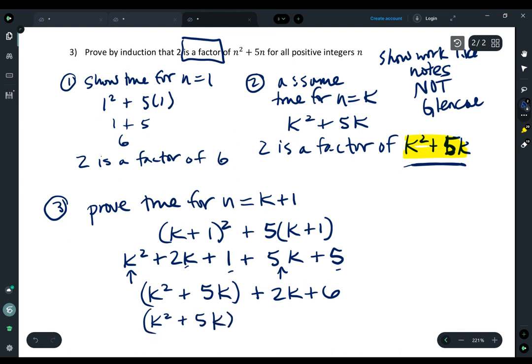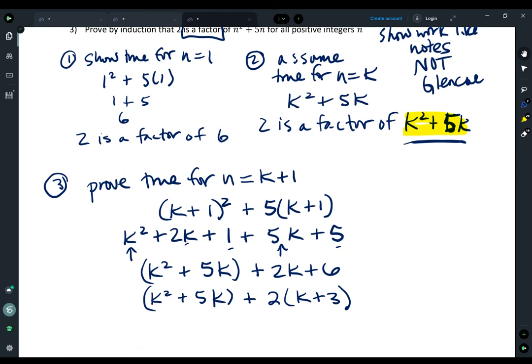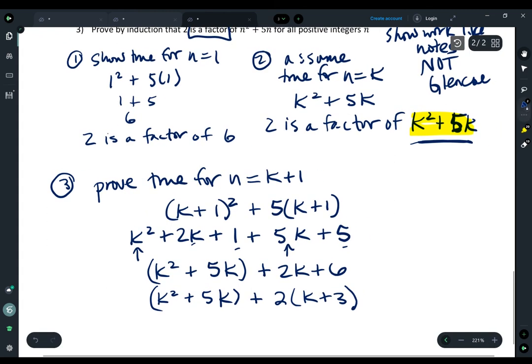But in order to show that 2 is a factor of 2k plus 6, I would show that I could write it as 2 times something. So I'm going to factor out the 2, because if I factor out the 2, I am showing that 2 is a factor. So my last step on this one's just about done, is to say that this part right here, oops, gotta get my pen again. I've already assumed that 2 is a factor of that up above.